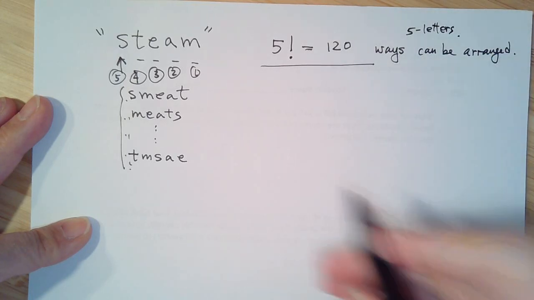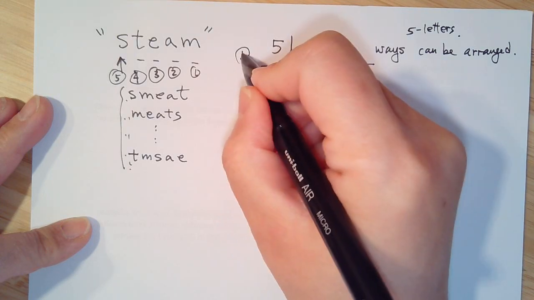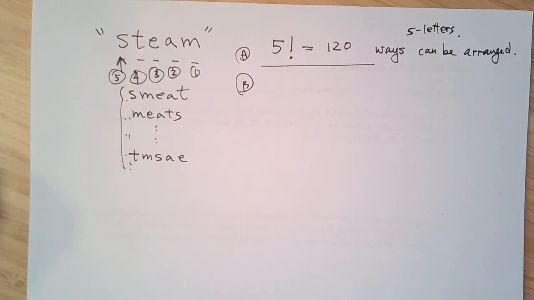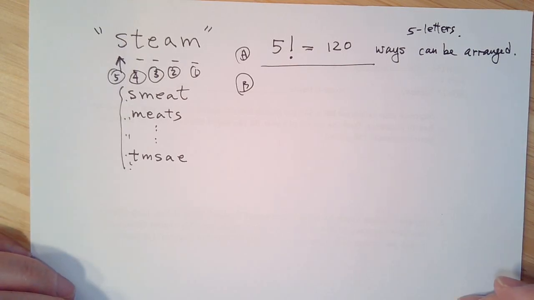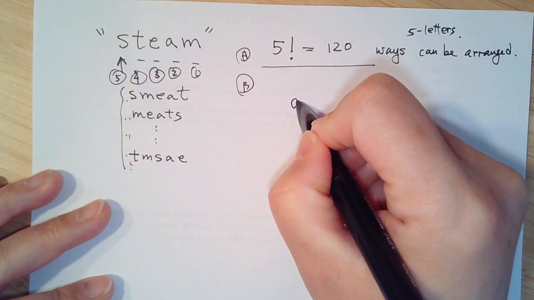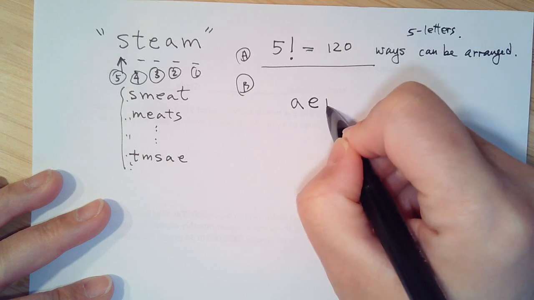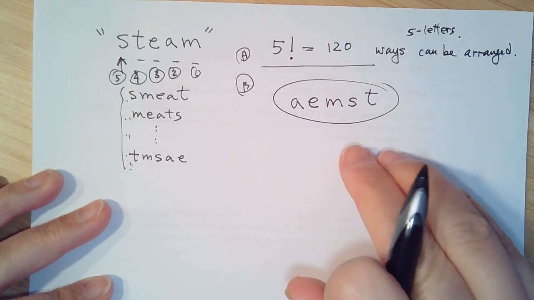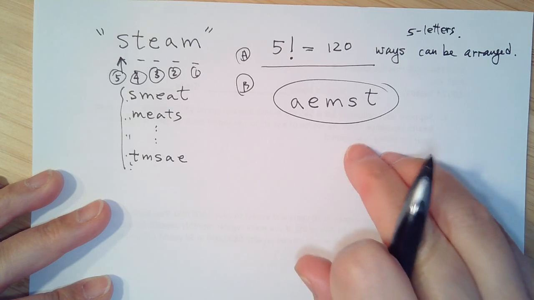Now let me ask you the second question. This is the first question, this is A, and this is the B question. Out of these 120 ways, what is the probability that the letters will be in alphabetical order? In alphabetical order, that will be A, E, M, S, T. This is the only one that is in alphabetical order.